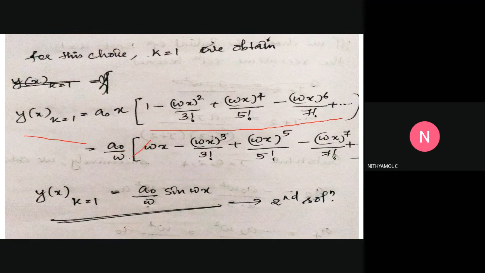Okay, now it is balanced. Then y of x at k is equal to 1 is a0 by omega times sin omega x, because this expansion corresponds to sin x. So this is our second solution. In this manner we can find the solution of the Bessel function.